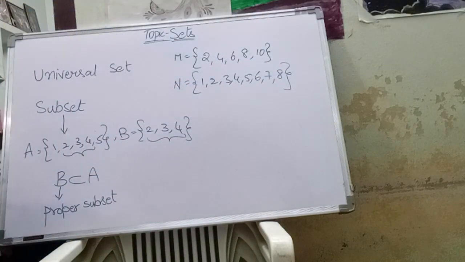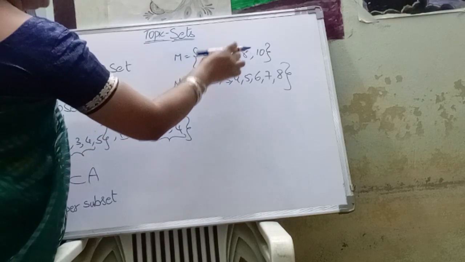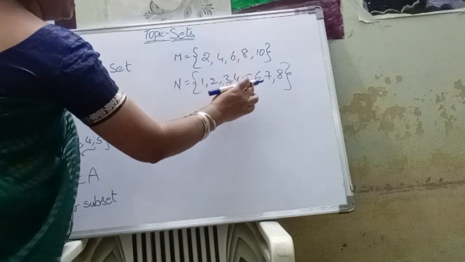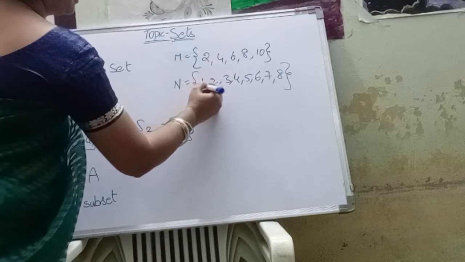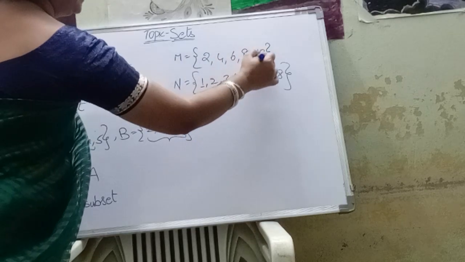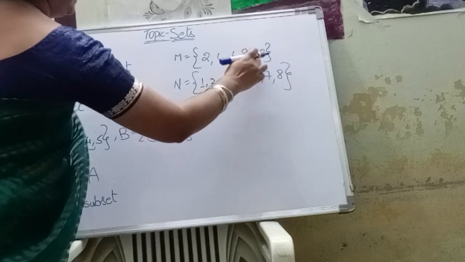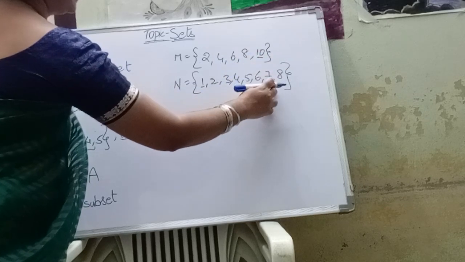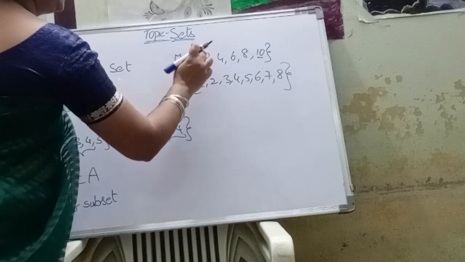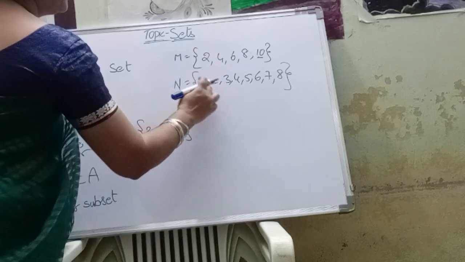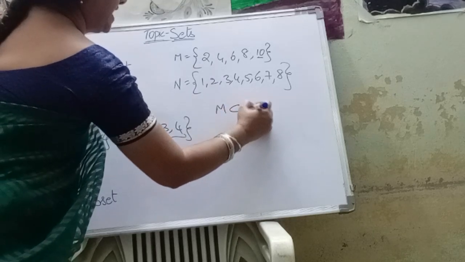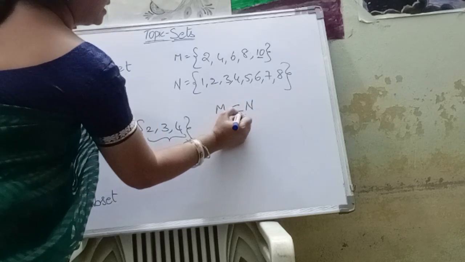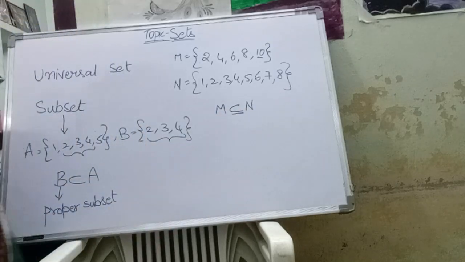Now I took M and N sets. Here, whatever the elements in M are there in N, but only a few elements are not there. Here, in M you have 10, in N it is not there. In N you have 1, in M it is not there. So what we can say in this way, M is subset to N, and here we put a small line.